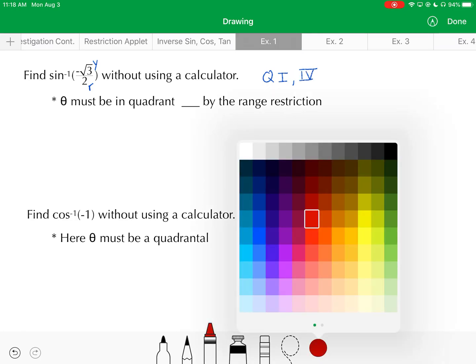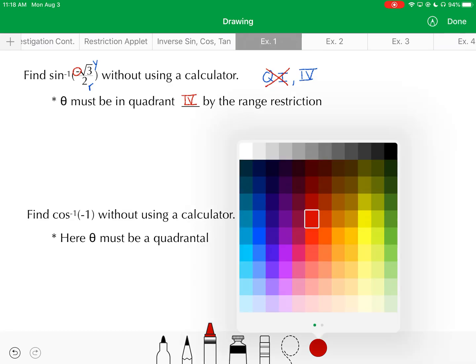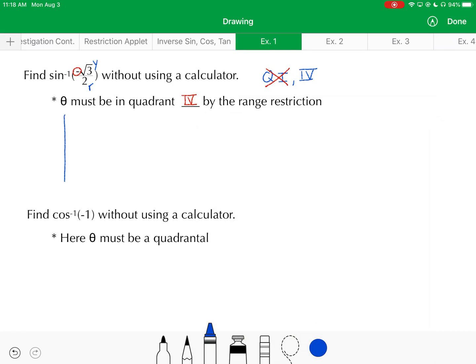Well, I can rule out angle measures in quadrant 1 right away, and the reason for that is because I'm evaluating this function with a negative number. So that means the output theta here must be in quadrant 4 by the range restriction, okay? So all we're going to do is draw a quick little reference triangle down here for quadrant 4, and y is supposed to be negative radical 3, r is 2, that makes x, of course, 1.